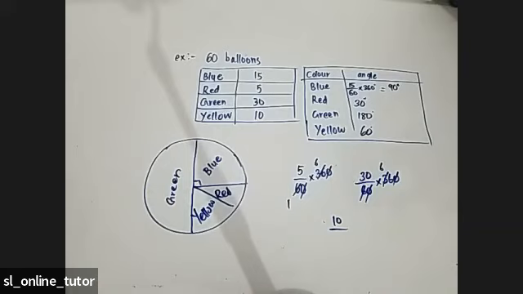First exercise. Take question number 1, exercise 11.1. It says there are 40 children in a certain class.